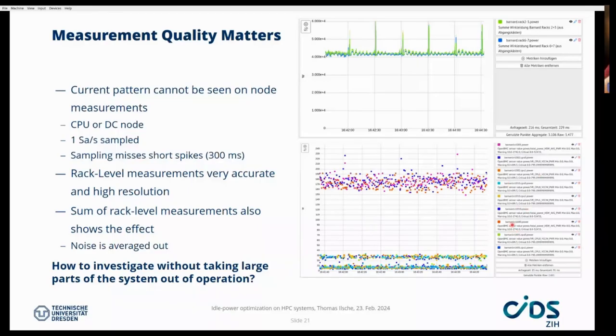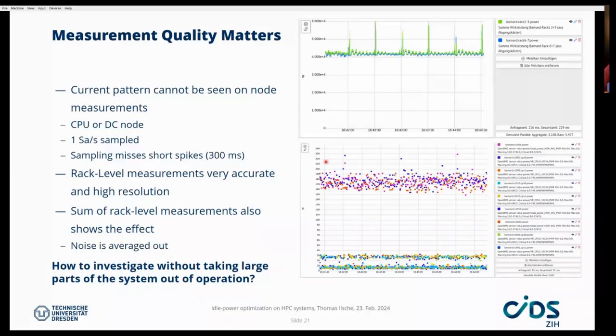So here the challenge really is, can we get power measurements on the nodes that are as high quality as we have on the racks? This is very challenging because those are not bad measurements. I don't want to say that these power measurements on the nodes are bad in any way. They are updated one sample per second, which is a relatively high rate compared to many other systems.